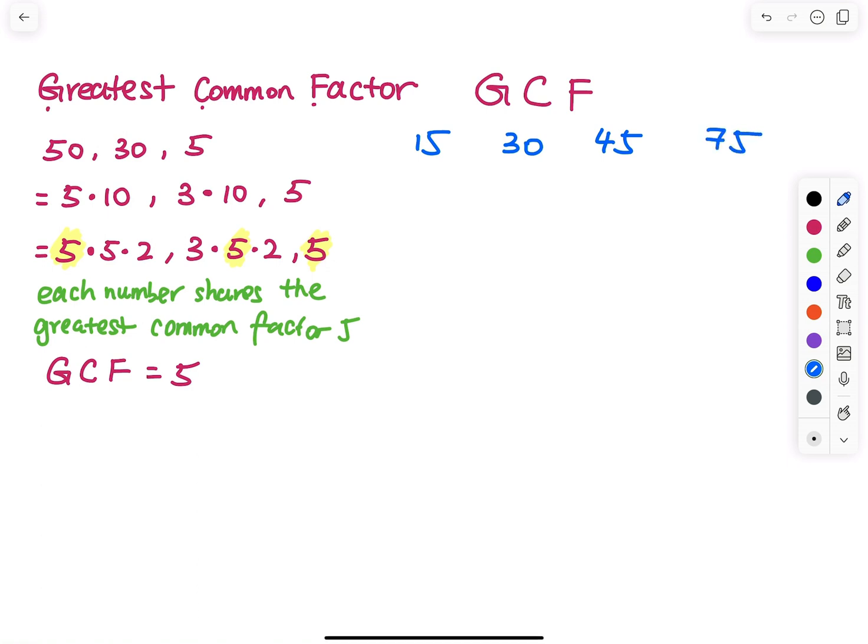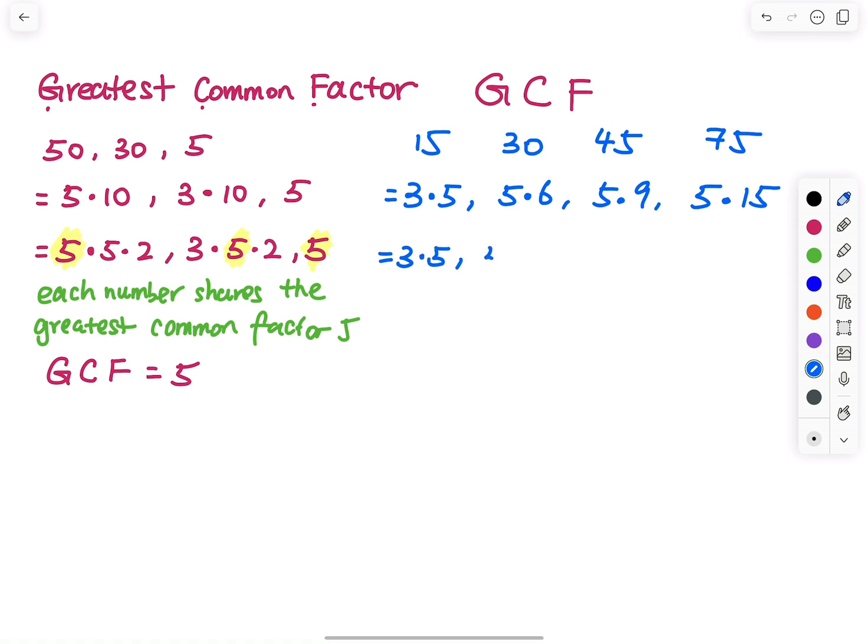The 15, I will just do 3 times 5. The 30, I will do 5 times 6. The 45, I will do 5 times 9. The 75, I will do 5 times 15. And then I will break this down one more time. The 3 and 5, you can't break anymore.